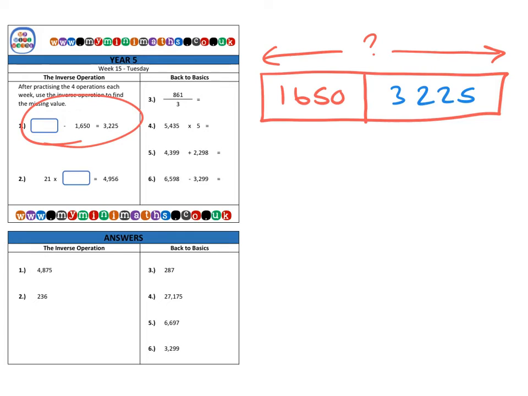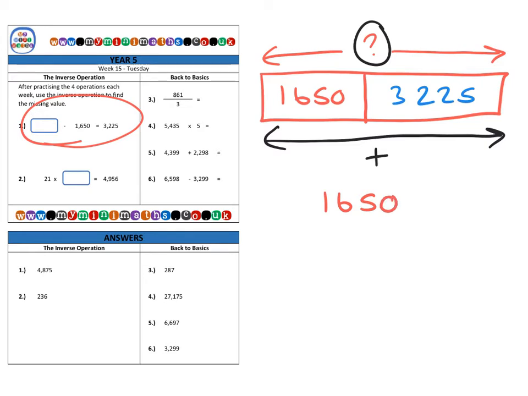So if I add, which is of course the inverse, the opposite of subtraction, it will give me the total size of the full bar. So if I take the 1650 and I add 3225, it will give me the total of the full bar.